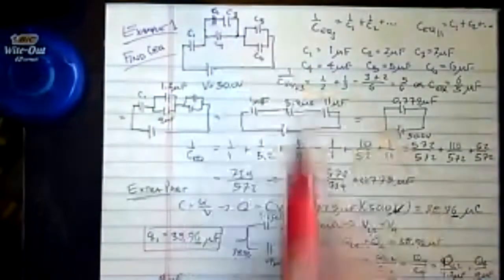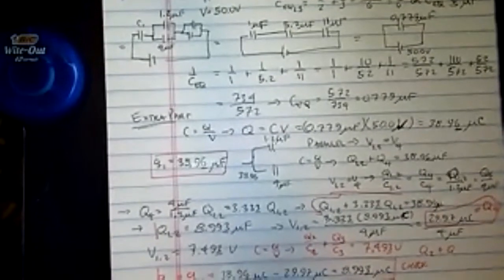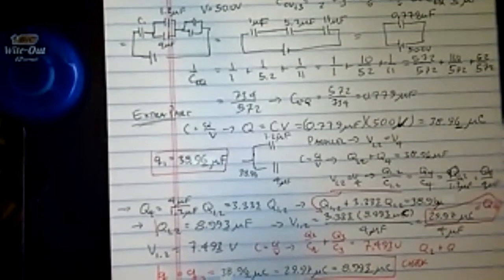So let's check and see all this stuff works. So V1, which is equal to Q1 over C1, we found Q1 was 38.96 microcoulombs, again with one extra. Dang it, there I go writing farads again instead of coulombs.